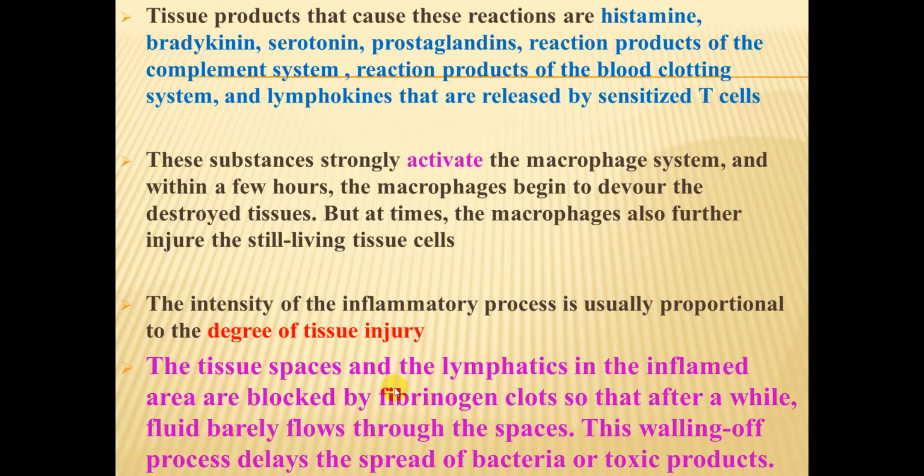This swelling process is very beneficial, delaying the spreading of bacteria or toxic products to other parts of the body. So the clotting by blood proteins is very, very important as a barrier to prevent spreading of inflammation to other tissues.